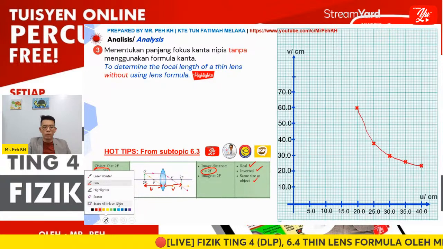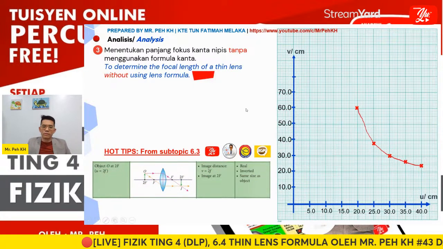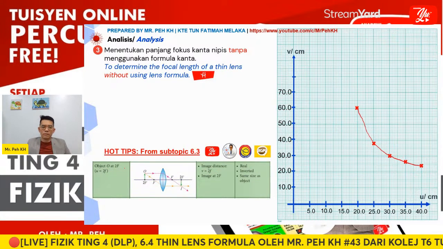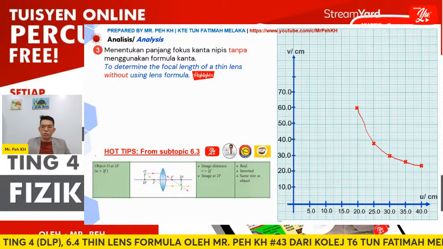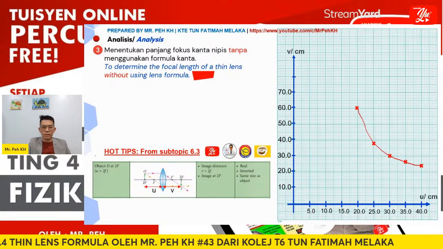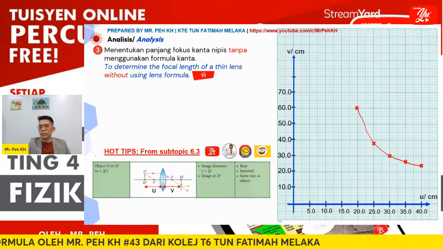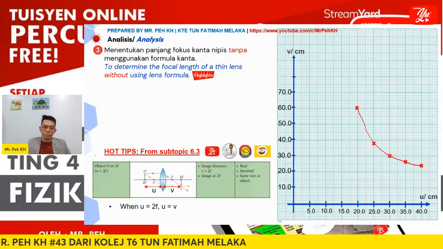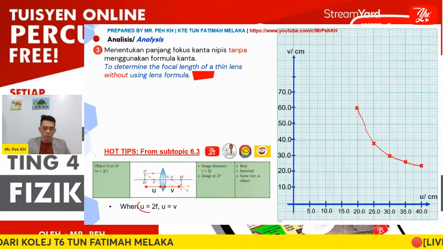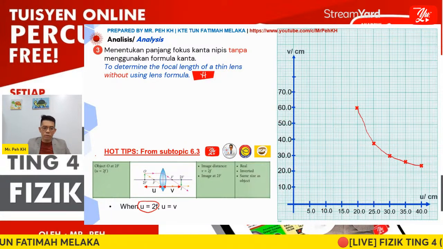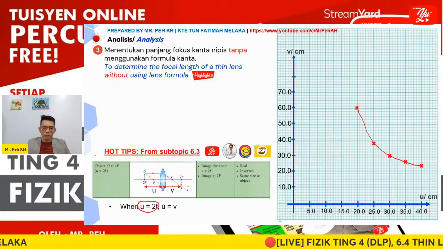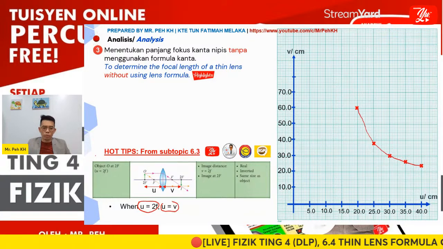So how do we relate the theory you learned in 6.3 to this graph? Again, just like I mentioned, u will be equal to v when u is equal to 2f. So when u equals 2f, u will be equal to v.